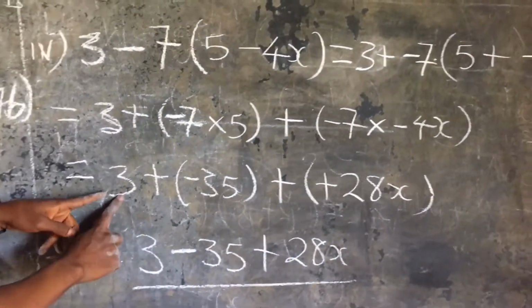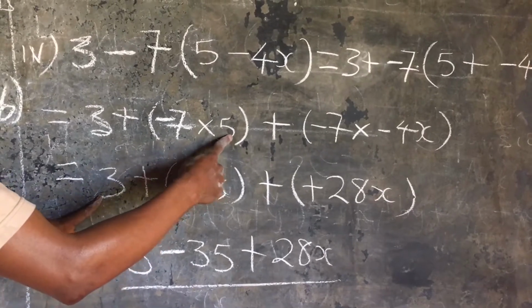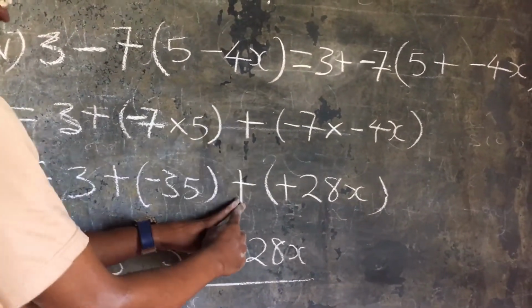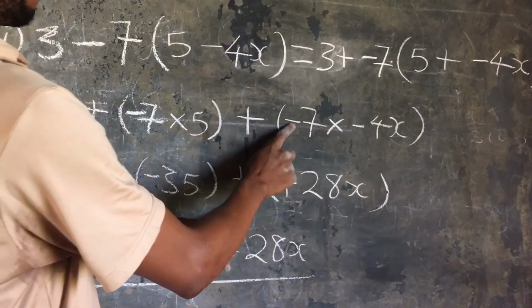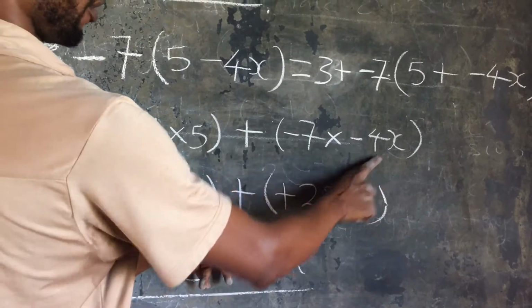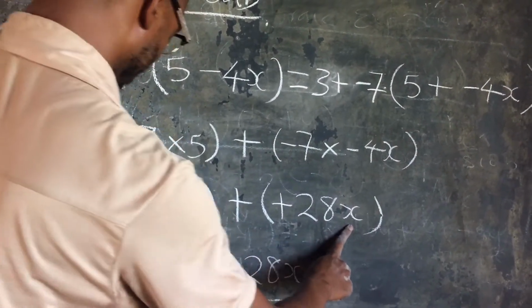I still get my 3 here. Minus 7 times 5 will give me minus 35. Minus times minus will give me plus. 7 times 4 will give me 28, then multiplied by x gives 28x.